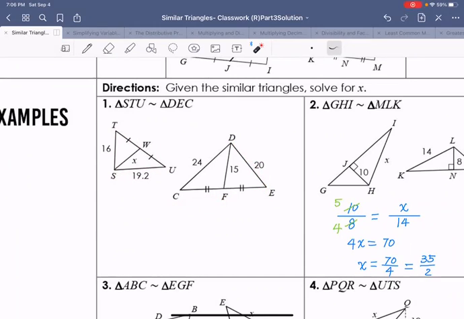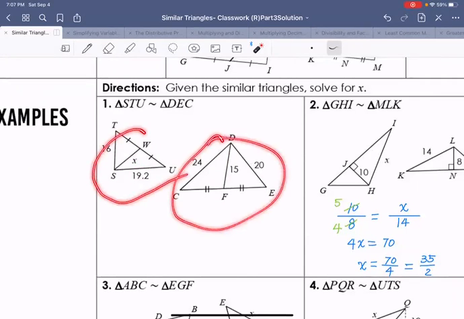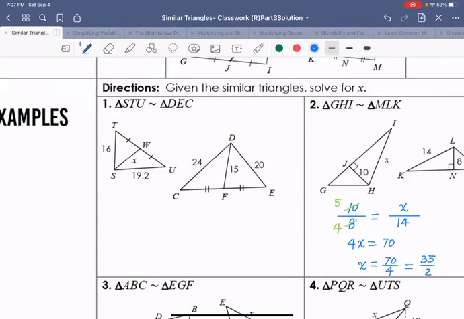Now they ask us, what's this median's value? If we know these two triangles are similar, corresponding sides will be proportional. Your median is going to have the same ratio. Based on this, can you tell me what equation I can write down? Go ahead, please.